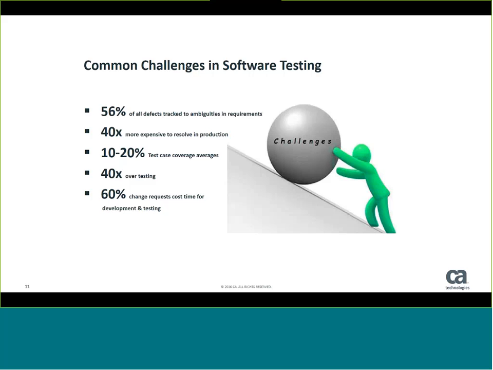So here are some of the common challenges that are happening in regards to what's going on in the software testing area. We have over 50% of defects that can be tracked back to ambiguous requirements overall.